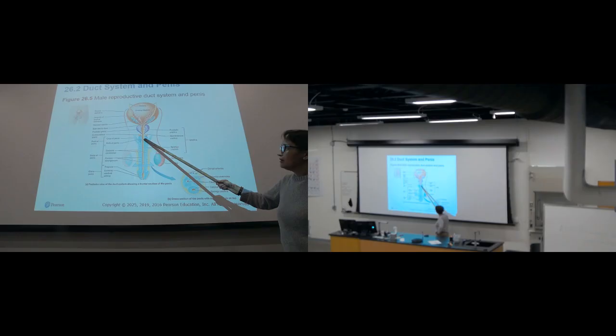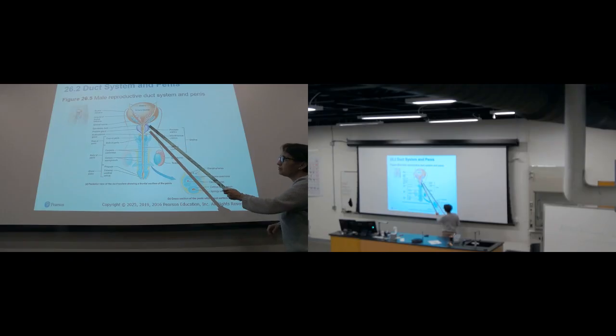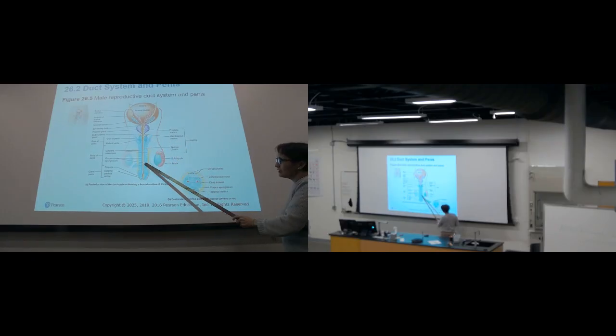And then here's the base of the penis, or the root. This is the bulb. So here we have the bulbourethral gland or Cowper gland that, before ejaculation happens, releases this crystalline fluid to clear up the urine.